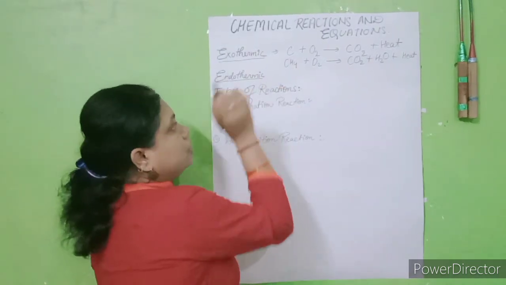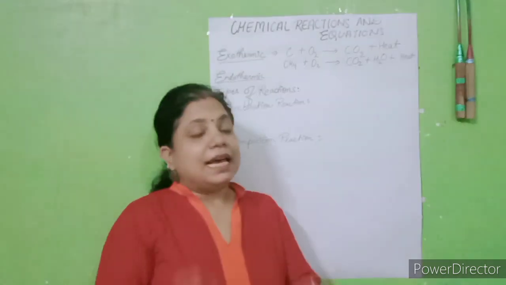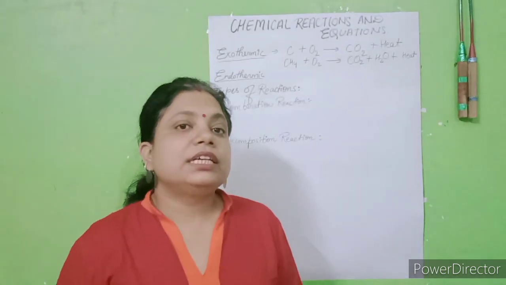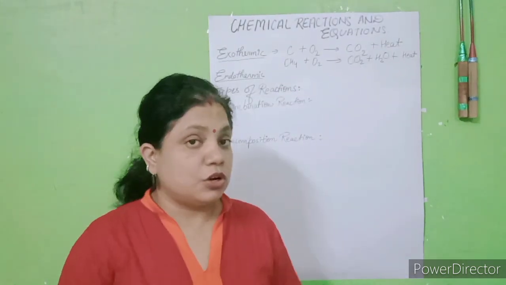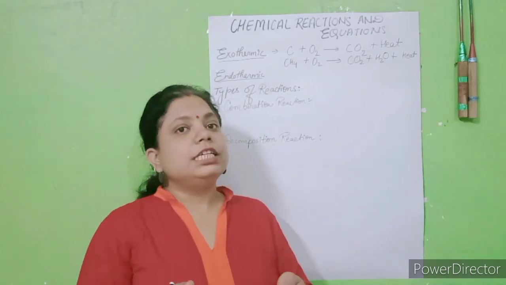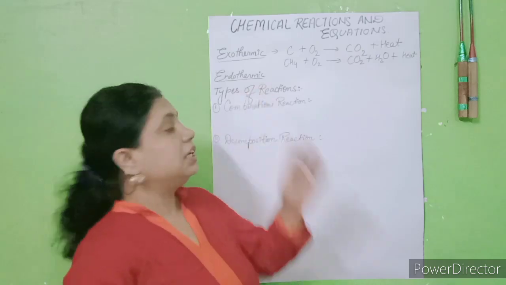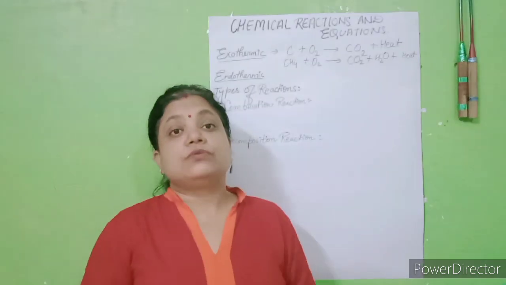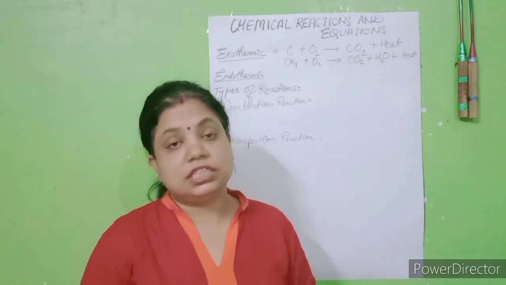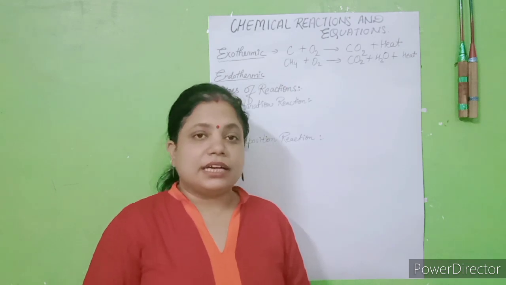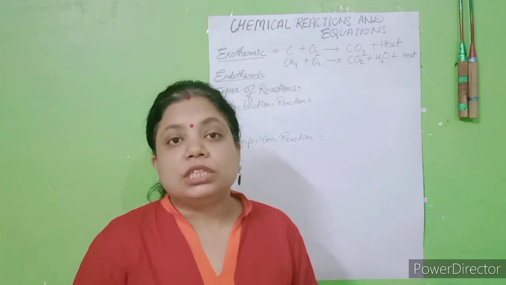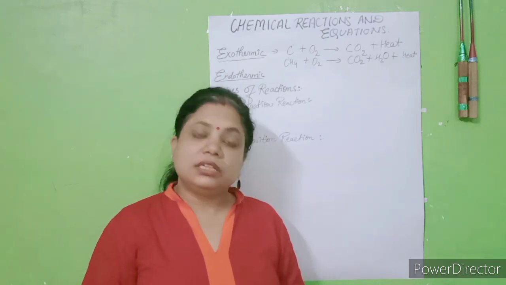Now, students, endothermic reaction. Endothermic reactions are those reactions during which heat is absorbed, okay, where the heat is absorbed, that is known as an endothermic reaction. Like, students, photosynthesis is also an endothermic reaction. The electrolysis of water is also an endothermic reaction.